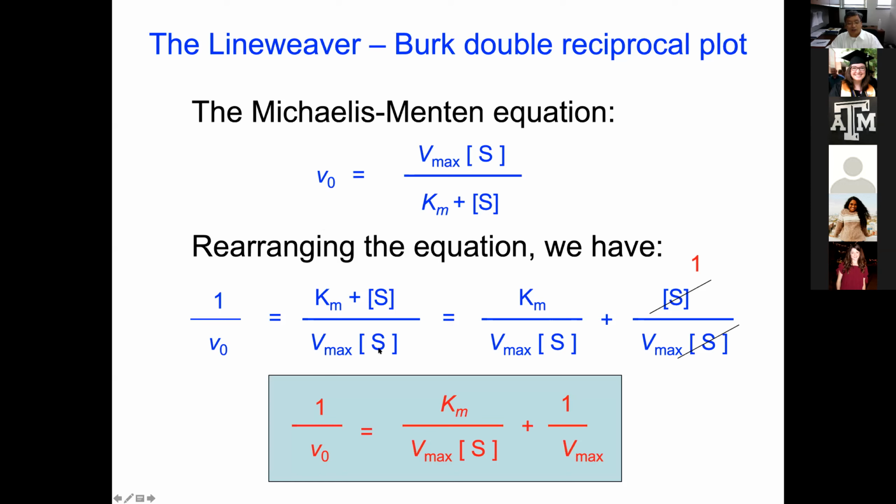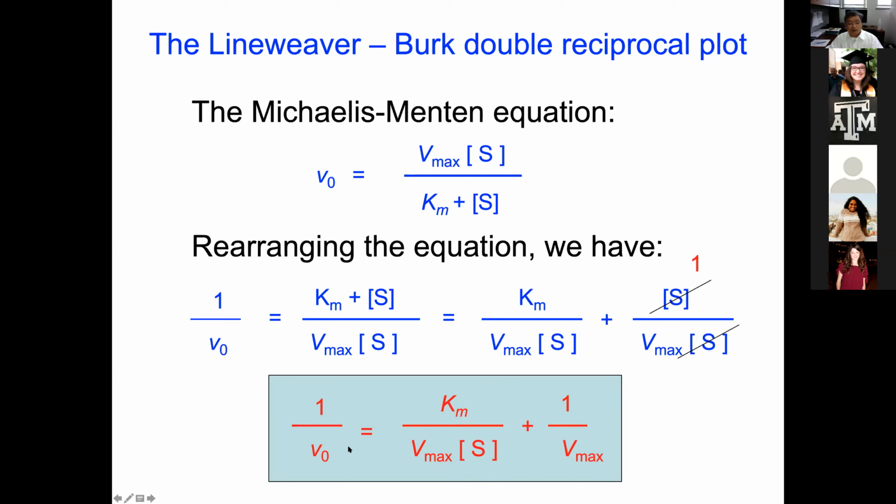Extending it out, the inverse of velocity equals Km over Vmax multiplied by the inverse of substrate concentration, plus the inverse of Vmax.